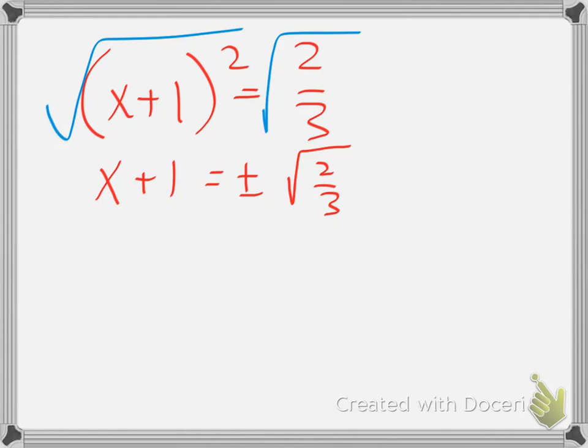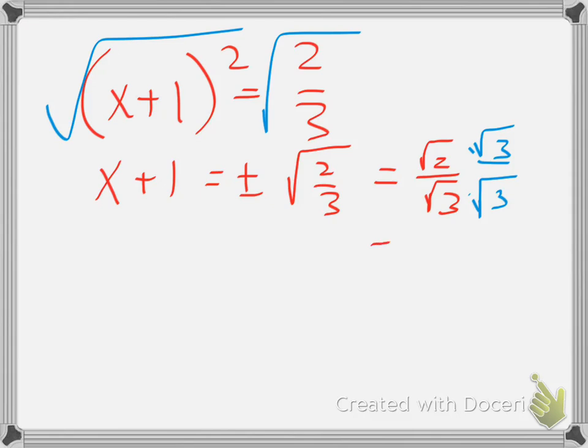And since I want to always rationalize my denominators, this is the same thing as saying square root of 2 over square root of 3. So to rationalize, to get my square root of 3 out of the denominator, I'll multiply by the square root of 3 to the numerator and denominator.